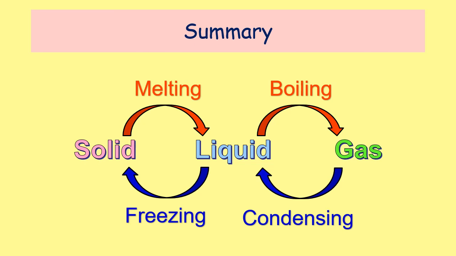Turning a gas into a liquid requires you to cool the gas down, and when it turns into a liquid, that process is called condensing. A liquid turning into a solid, you need to cool it down, and that process is called freezing. And we see these 4 processes happening within the water cycle. So that has been a summary of changing states of matter, and I will see you next time.